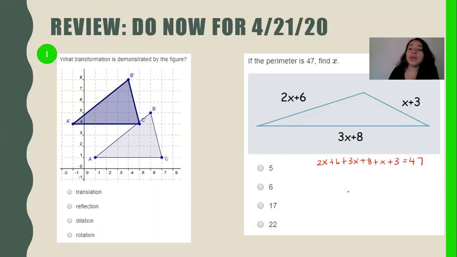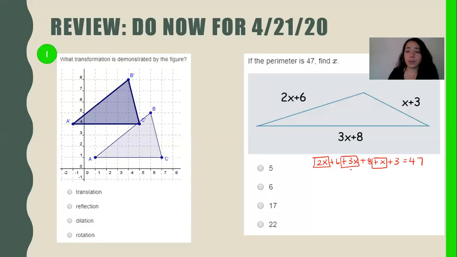So when we have a problem like this, it looks like a lot, but we have to find our like terms. We have to combine them. So let's look at the ones that have x. And I'm going to put the sign in front of it just to help me. So when I combine those 3, I have 2x plus 3x plus x.